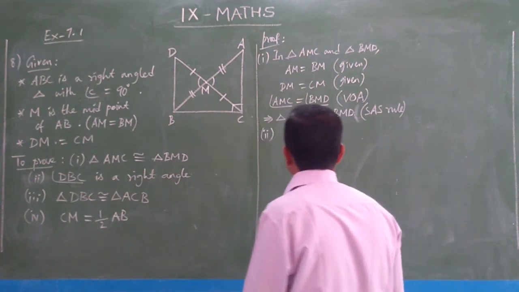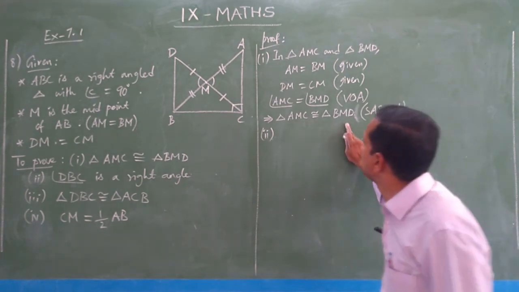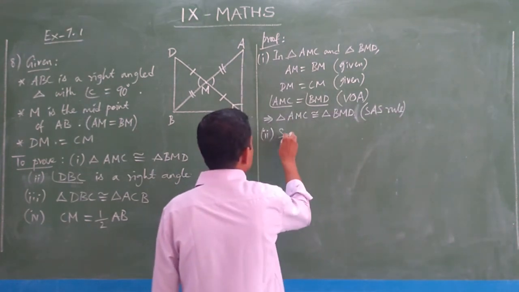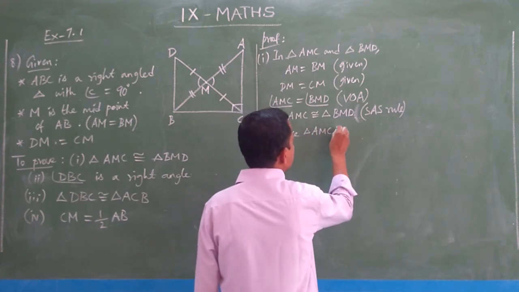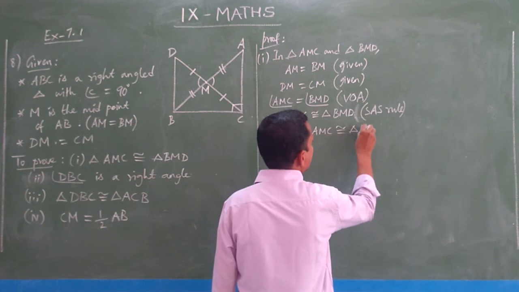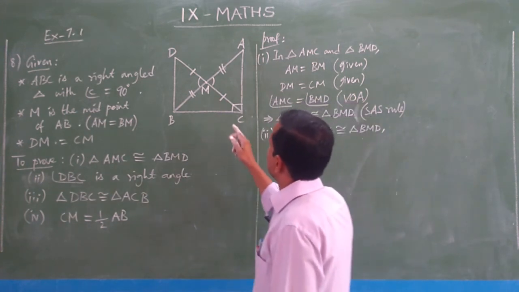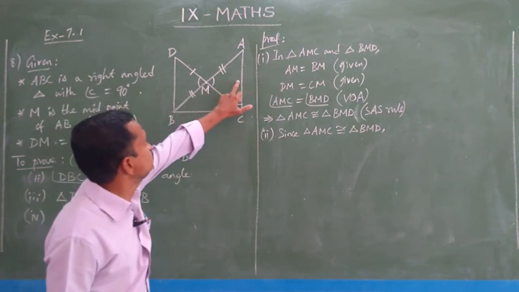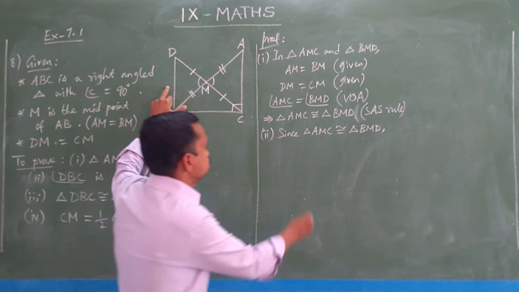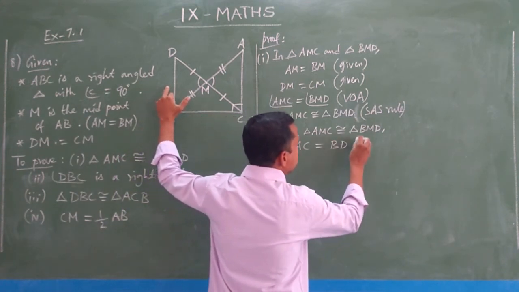For that, one thing you have to take: AMC and BMD we have already proved congruent. Since triangle AMC is congruent to triangle BMD, we can say these two sides, AC and BD, are equal. AC equal to BD.